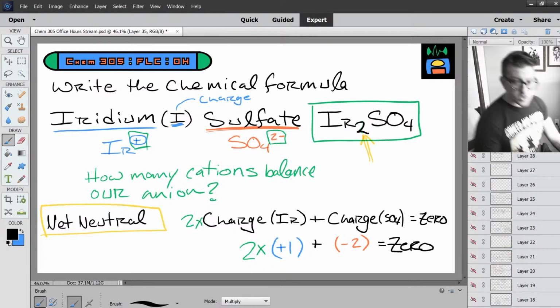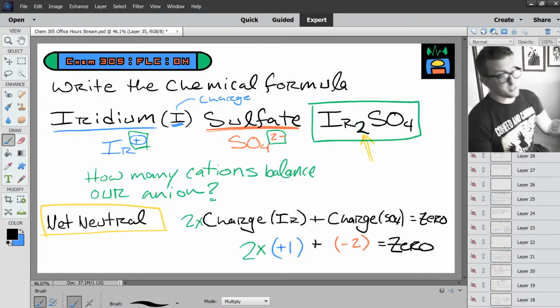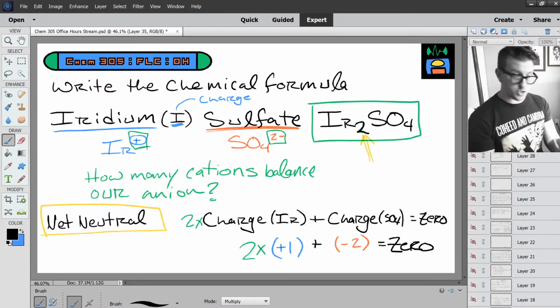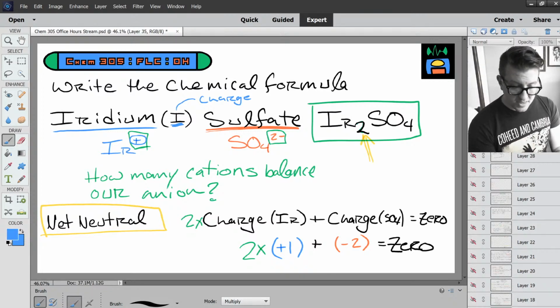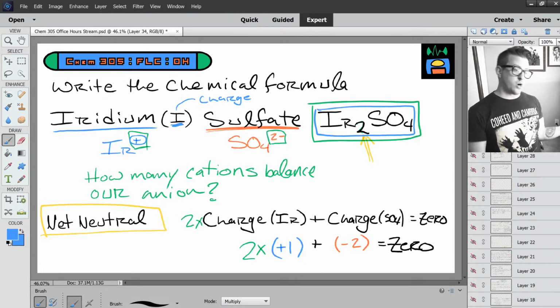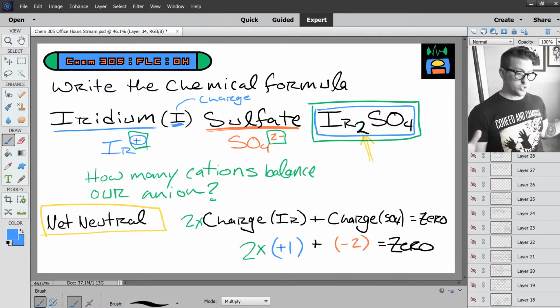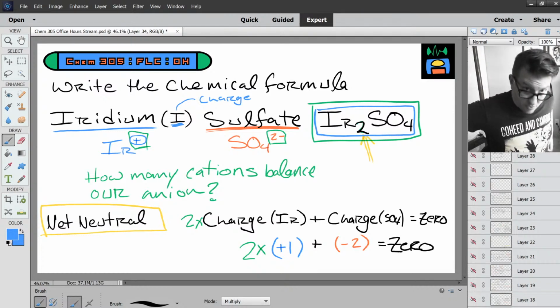So the charge on sulfate is still there, but because that -2 is paired with two positive ones, we don't actually show it. We don't write the charges when they're paired together like this. You only write the charges when you write them separate from each other individually.